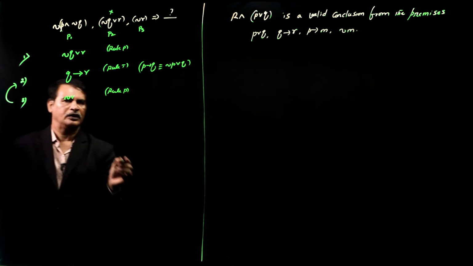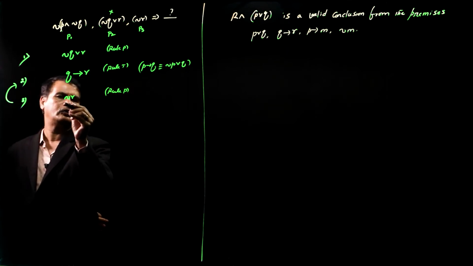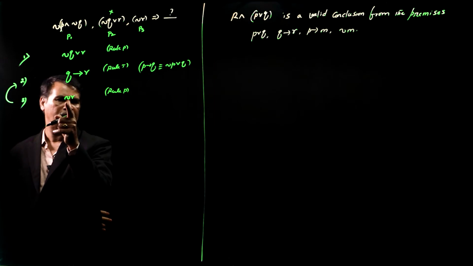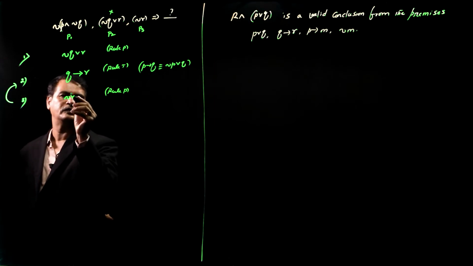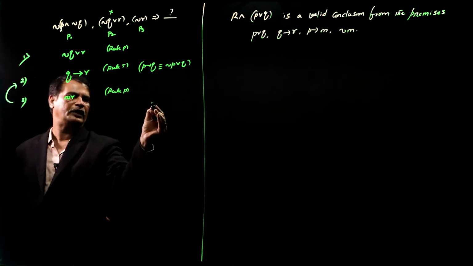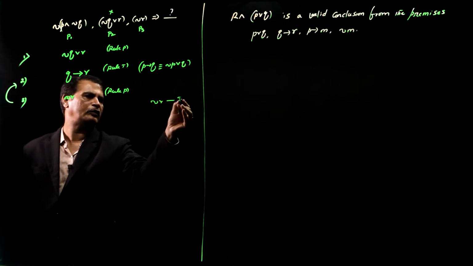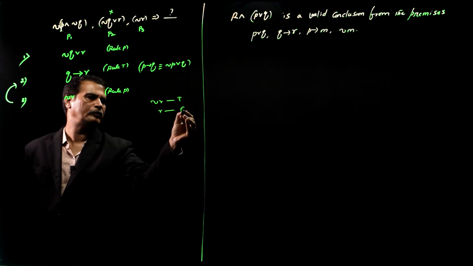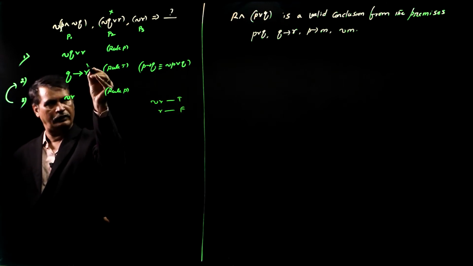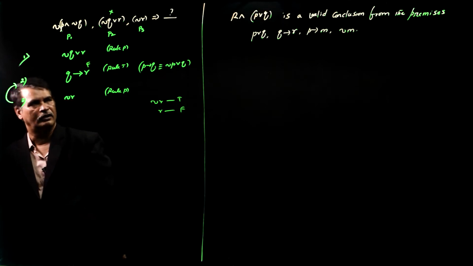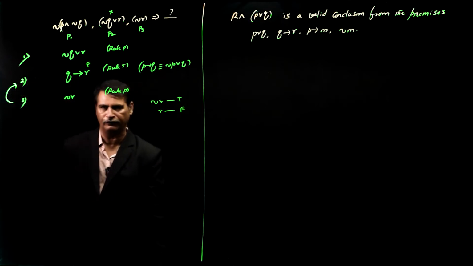We will see. Negation R has truth value T, because once it is mentioned in the data as a premises, it has truth value T. So negation R has truth value T means what is the R value? R should be F. So the R value is fixed, that is R is F.